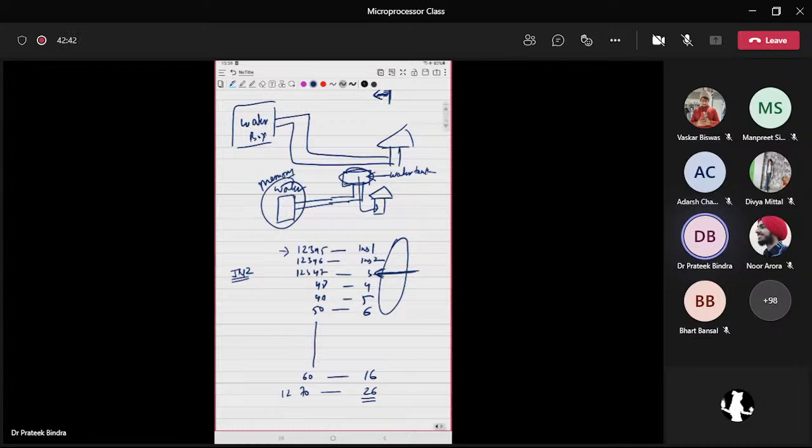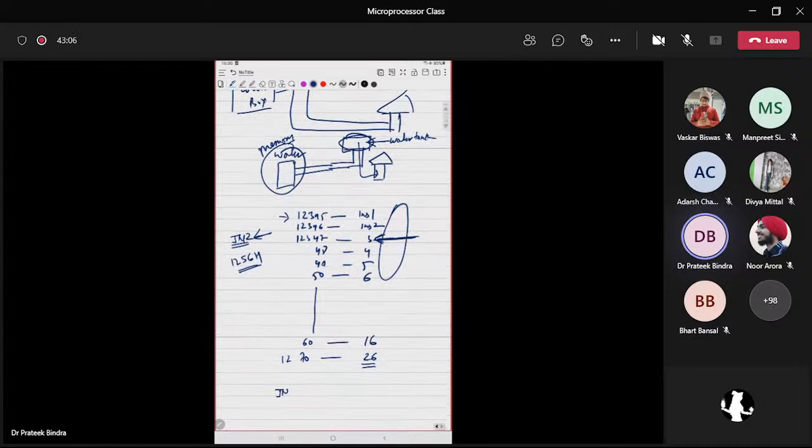In that case, if this condition becomes valid, that means you want to jump to another memory location, right? So let us suppose in this particular condition you have written that you want to move to memory location 1256 hex. So you wrote JNZ 1256H.